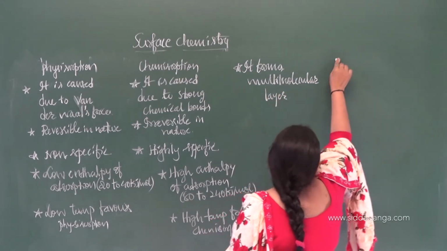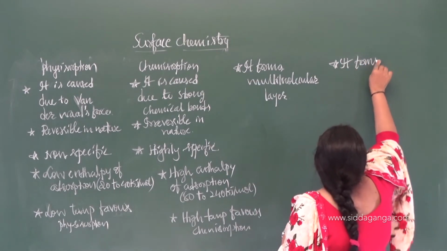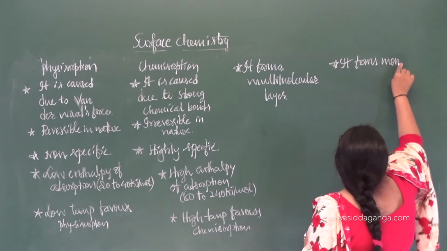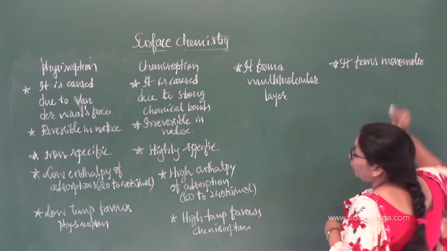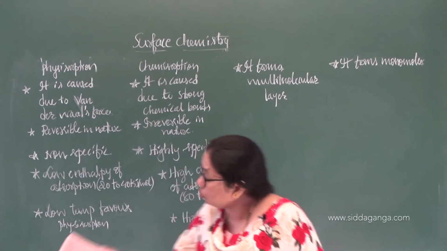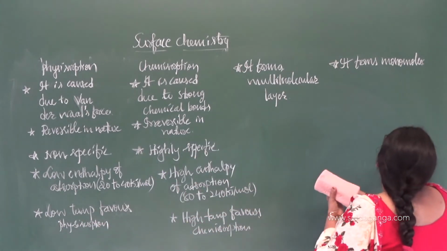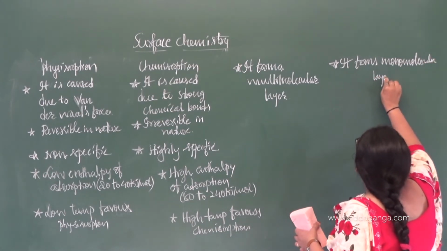Next, here it forms monomolecular layer. Monomolecular or unimolecular, you can represent it. Chemisorption forms monomolecular layer. So what is the meaning of this?